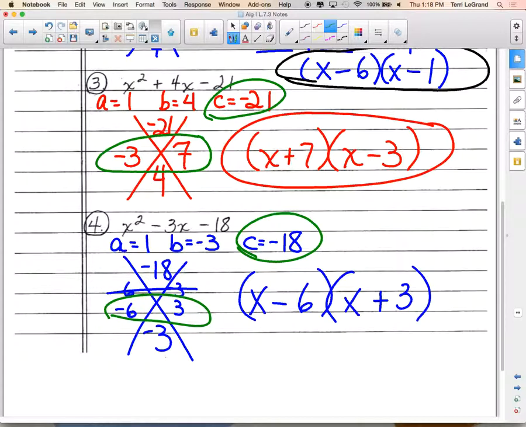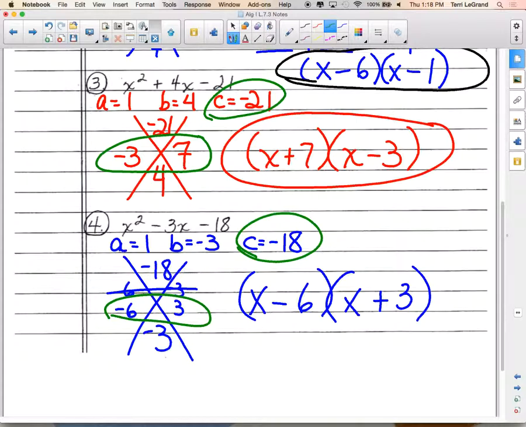Why is that? Why does one have to be negative and the other positive when C is negative?